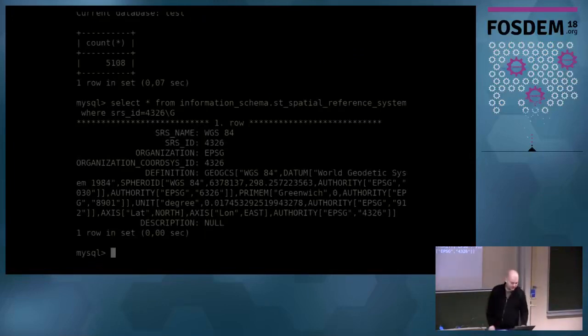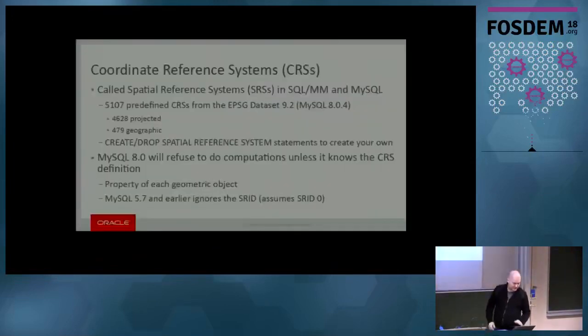I'll get back to that, but just switch back to the slides for a bit. We have 5,108. 5,107 of them are from the EPSG dataset, the latest version of that. The final one is the abstract Cartesian coordinate system with no units on either axis, SRID 0, that we have supported for multiple versions.